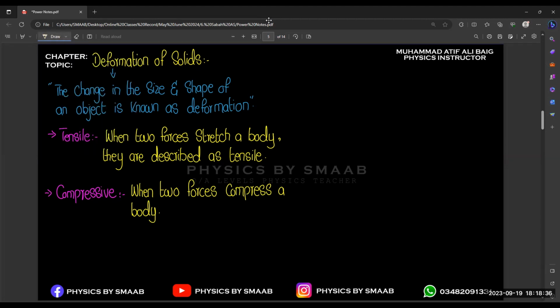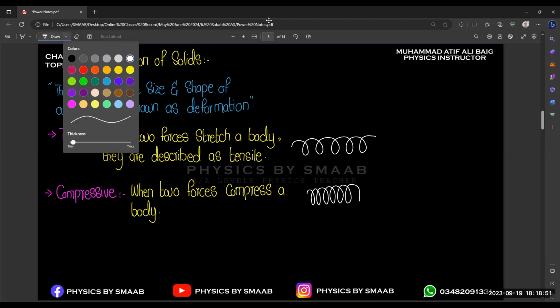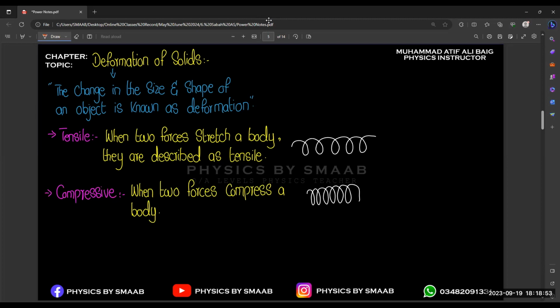So simply, we consider a spring in a stretched form and a spring in a compressed form. In the first diagram, forces are applied in opposite directions like this, moving in an outward direction.